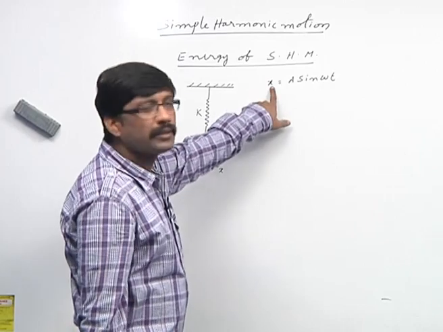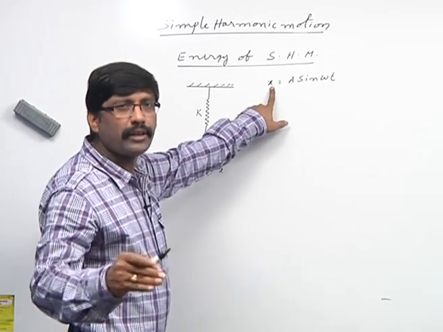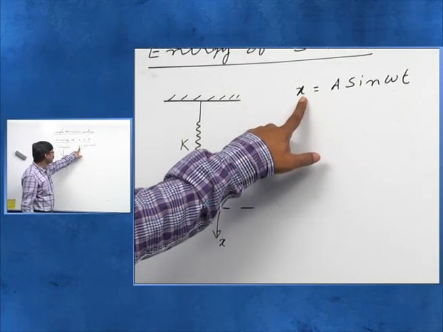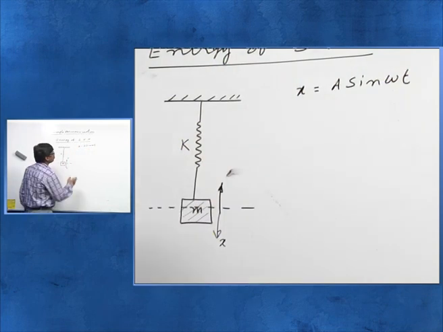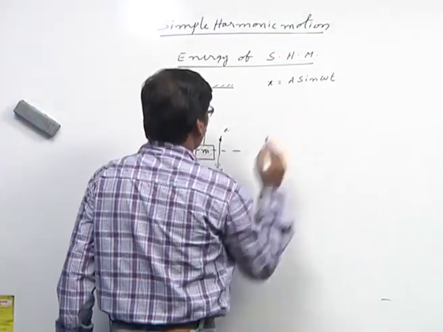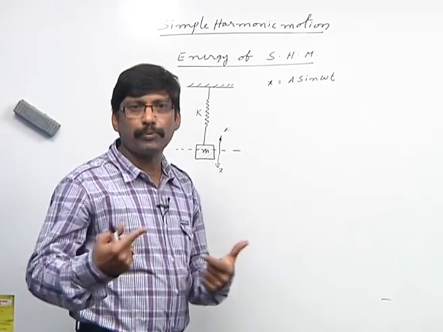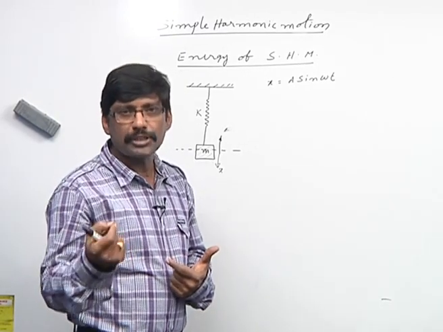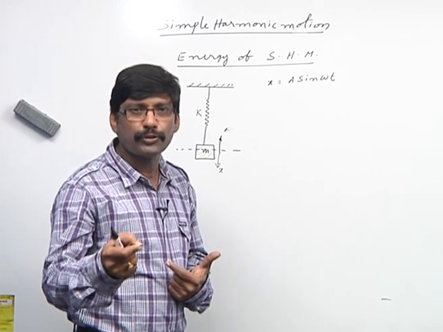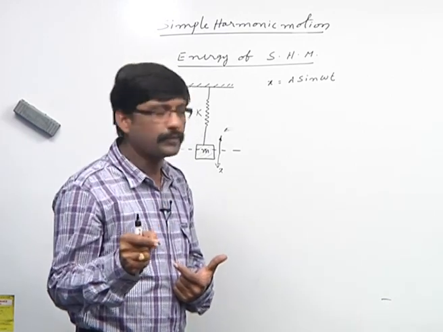I am calling the displacement x; you can call it either x or y, depending on your condition. Now, what is potential energy? How do you define potential energy? Potential energy is the energy possessed due to its position.